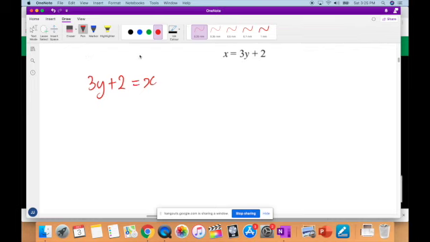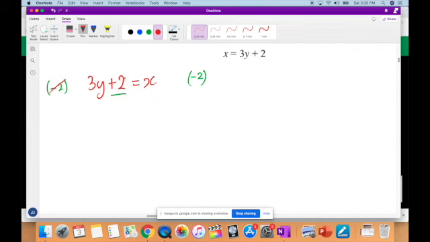I was always saying that you want to start furthest away from the y, and then work closer into the y. The furthest away from the y is the 2, so let's get rid of the 2. It's plus 2, so in order to get rid of it, I would have to minus 2, but I have to minus 2 from both sides of the equation to make sure that it's equal.